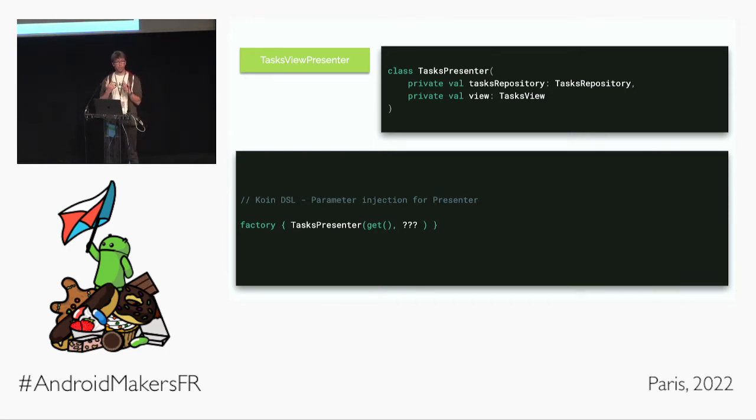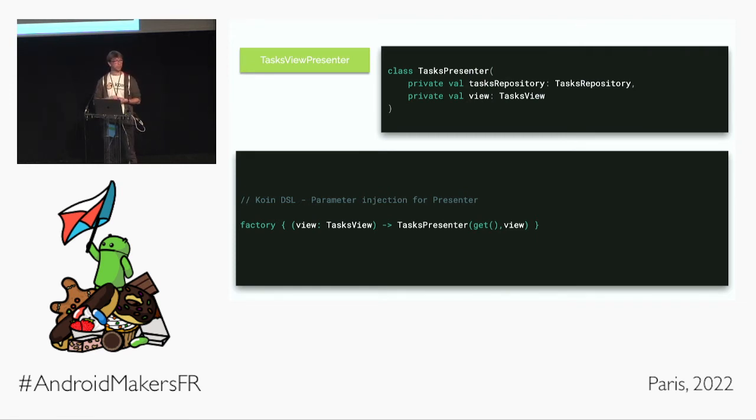And the magic of Koin also is that it's a function, as I was saying. It's a function of Kotlin, and then you can pass things directly to your construction and say, okay, when I want to construct task presenter, I want to pass you a parameter to help you construct these things at this time.